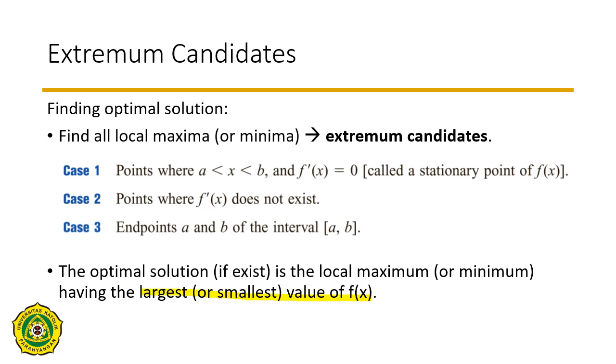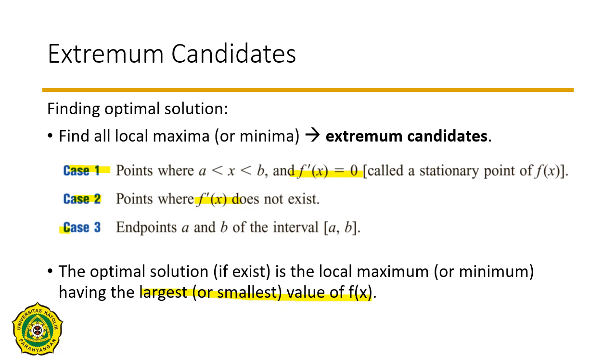Back to the candidates, how are we going to find them? We are going to check three cases. Case one is to check the stationary points, which means the points where the first derivative of the function equals 0. Case two is to check the points where the first derivative of f(x) does not exist.